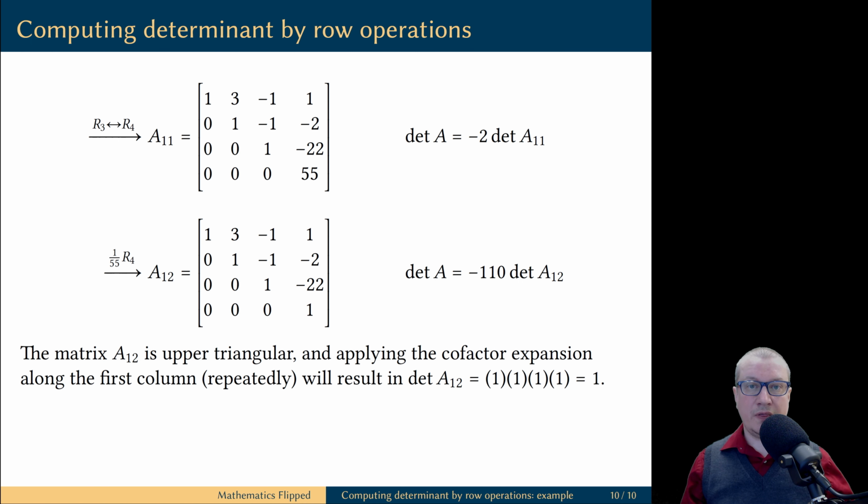In fact, the determinant of an upper triangular matrix is equal to the product of the entries on its main diagonal. So, the determinant of matrix A12 is equal to 1, and that means the determinant of the original matrix A is equal to -110.